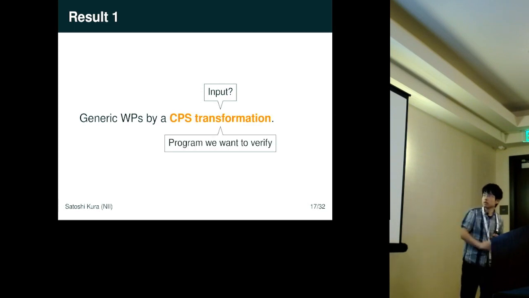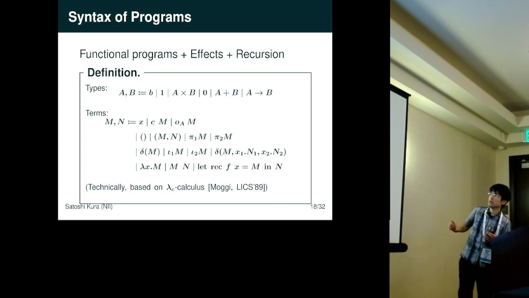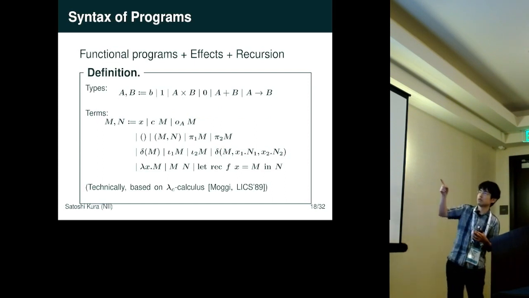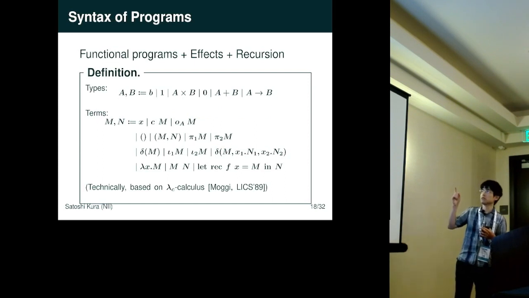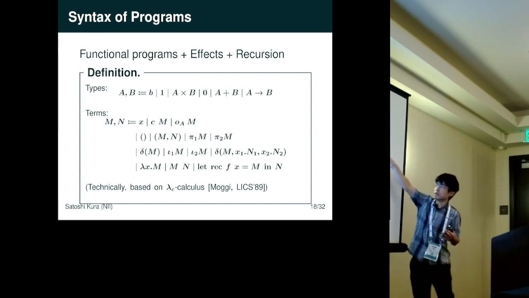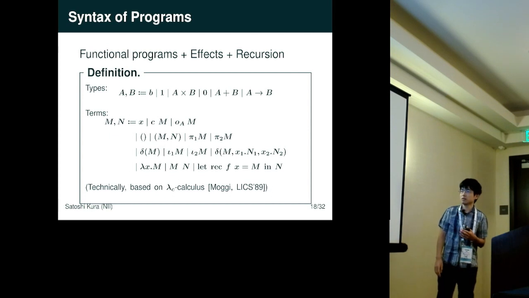The input for the CPS transformation is a program that we want to verify. More concretely, we consider functional programs with computational effects and recursion. The syntax is defined like this, and technically this is based on lambda C calculus.